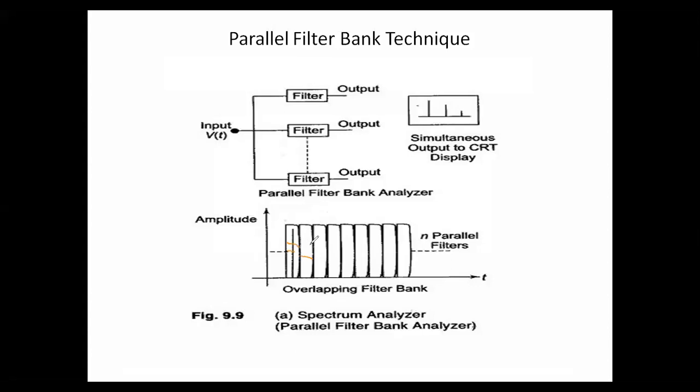Each one has a smaller bandwidth, and they overlap each other, so that no frequency component is missed. Those filters' bandwidths should overlap one another.